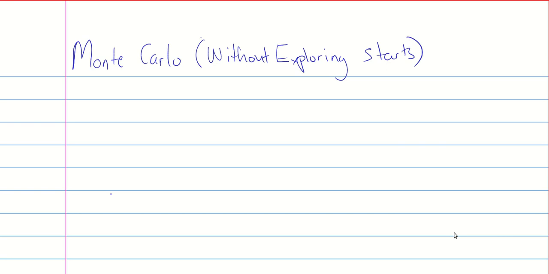If you want to know what it is in detail, please look at lecture 10 of module 1, where we talked about what this assumption actually is. Today we're going to be removing this assumption, and after removing it, we're going to see what other techniques we can use to solve these kinds of problems using Monte Carlo.